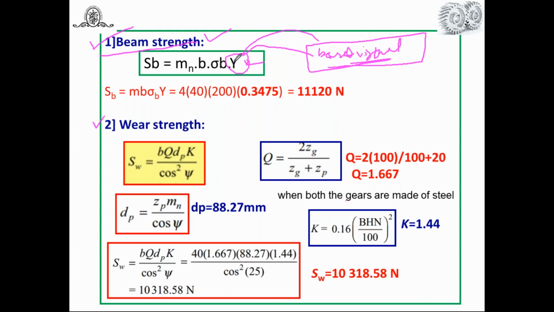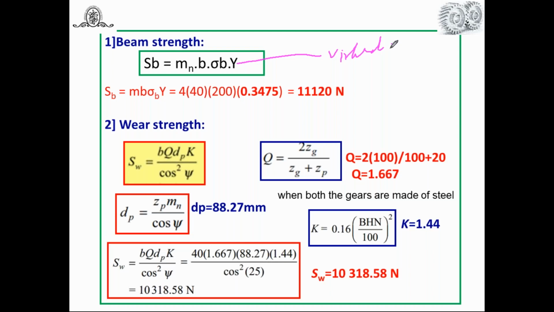That's why in some reference books, instead of Y they use Y dash, meaning the Lewis form factor based on virtual teeth. But we are referring to V.V. Bhandari's book, so the same nomenclature is adopted here and we are not using Y dash. But this Y depends on the virtual number of teeth.